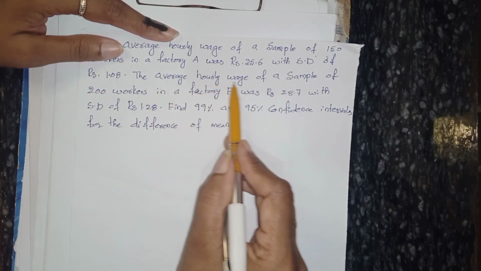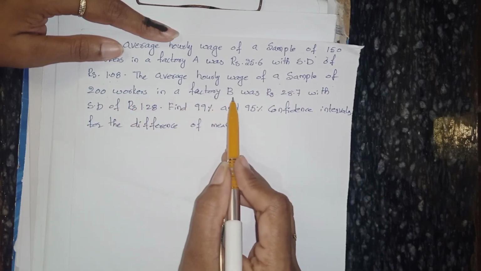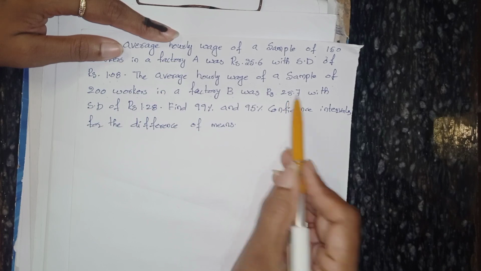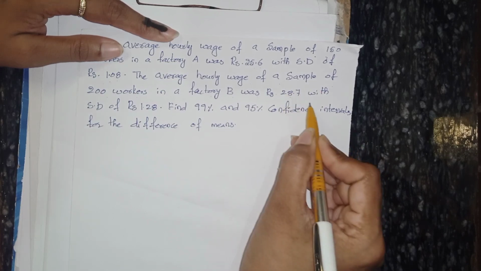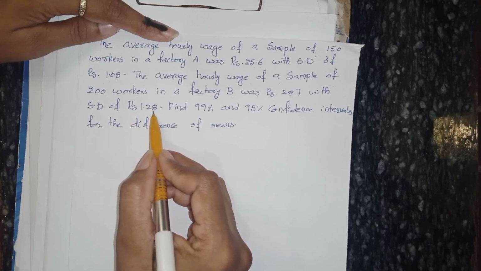The average hourly wages of a sample of 200 workers in factory B was rupees 28.7 with a standard deviation of rupees 1.28.